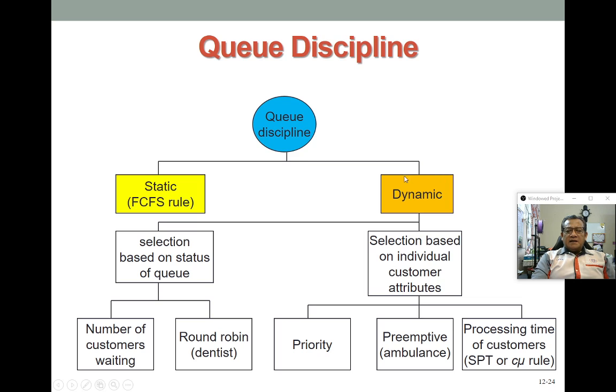Or in the discipline of dynamics, okay, you could see either selection based on individual customer attributes like VIP or important customers, or for example, business class in airline, or the elderly and veterans, who are selected based on certain criteria so that they could be served first, or selection based on status of queue, right?